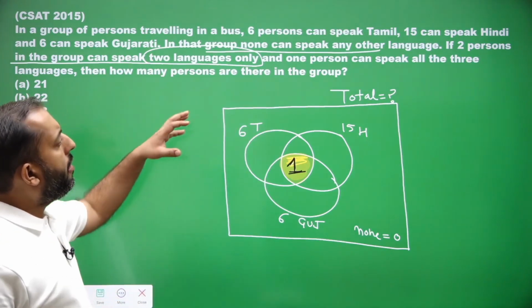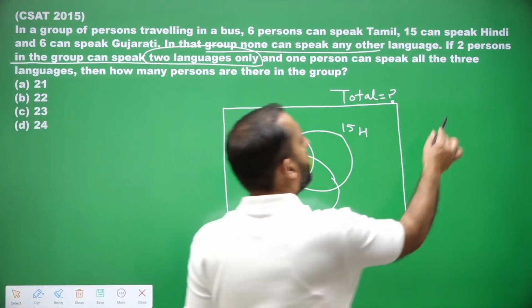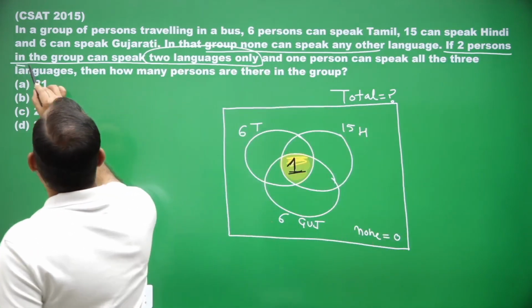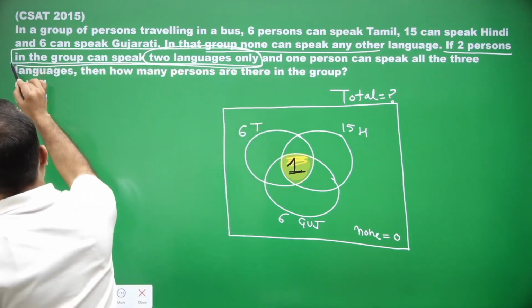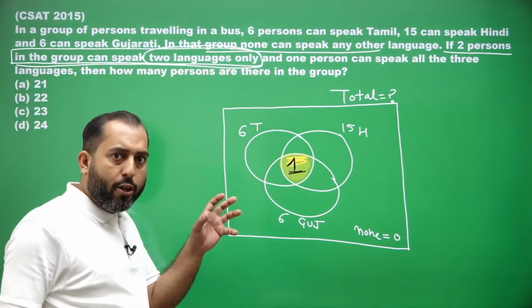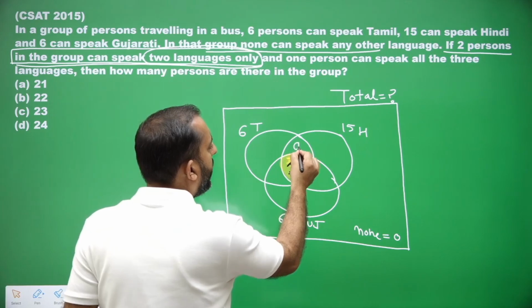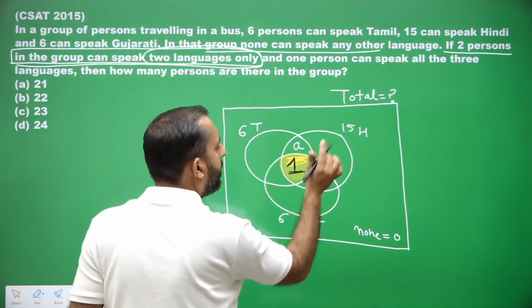Now, in this case, we have a very important piece of information, and that is if 2 persons in the group can speak only 2 languages. See, if I write A here, A represents those people who can speak only Tamil and Hindi.